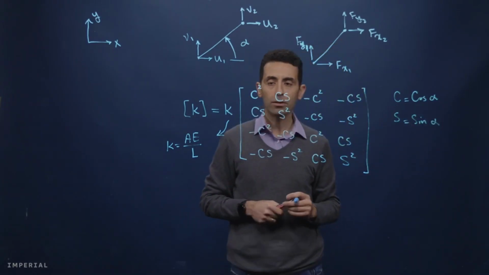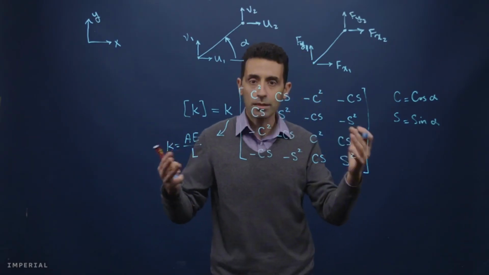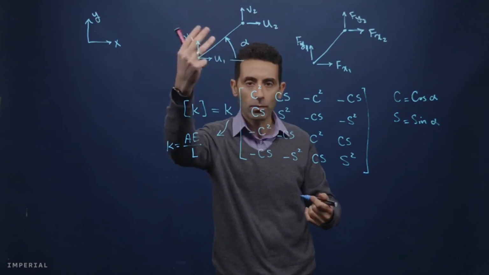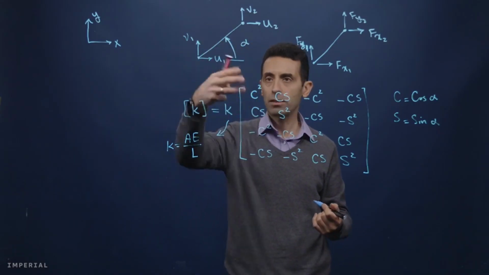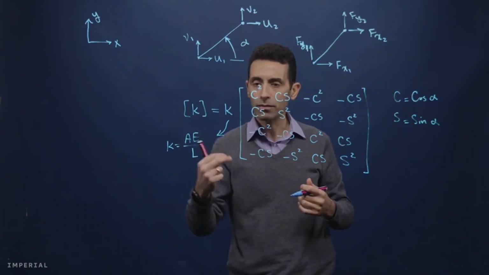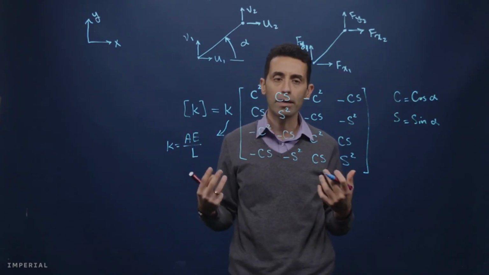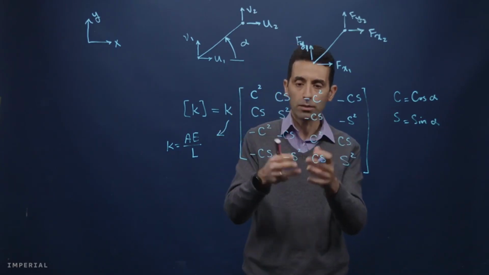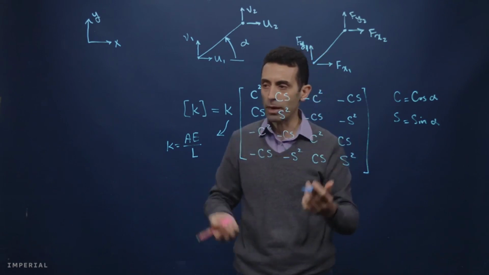Okay, so you see that although it's a bit more complicated, it is using a geometrical description of the orientation of the element, length of the element, material properties, cross-sectional area. So this is the sort of thing that you will just give to the computer to do for you. You don't need to do it manually.